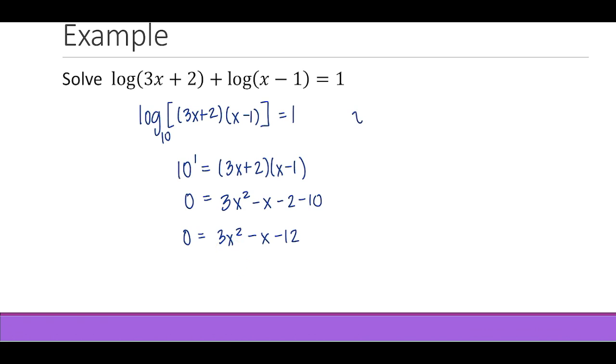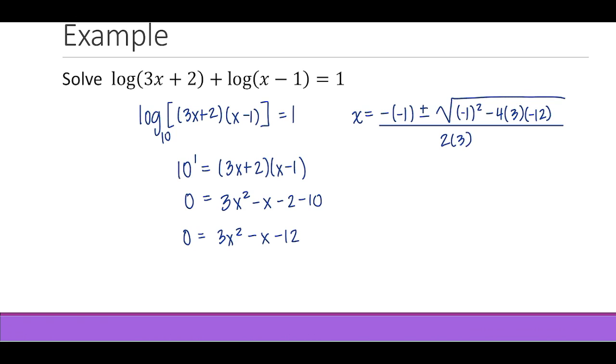So to solve it using the quadratic formula, we have x equals negative b, so negative negative 1, plus or minus the square root of b squared, negative 1, quantity squared, minus 4 times 3 times negative 12, all over 2 times 3.